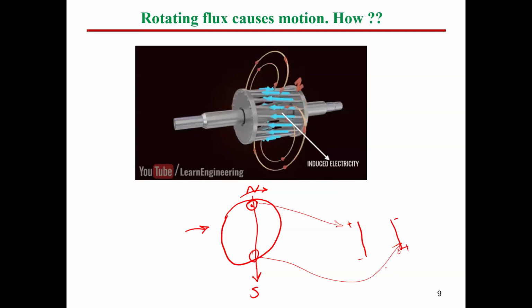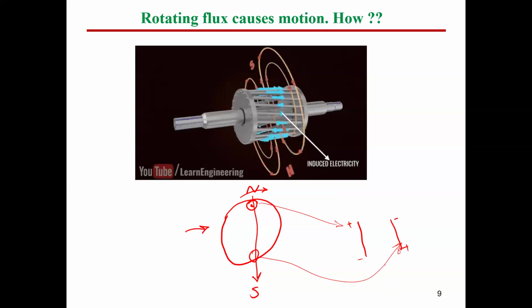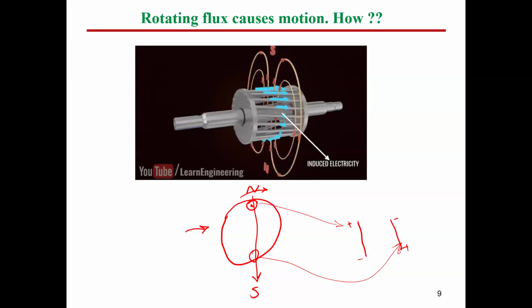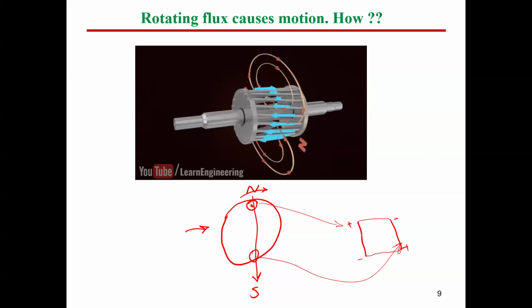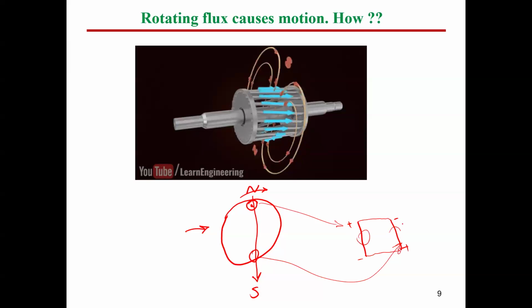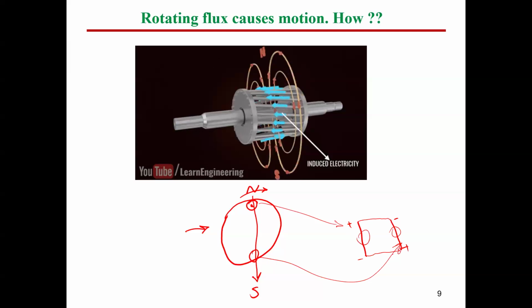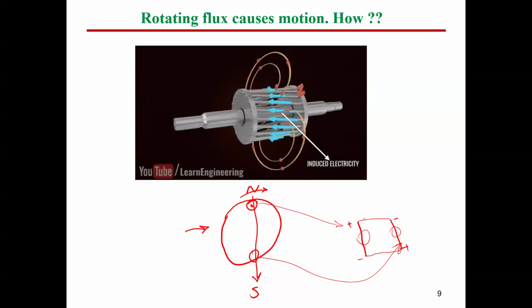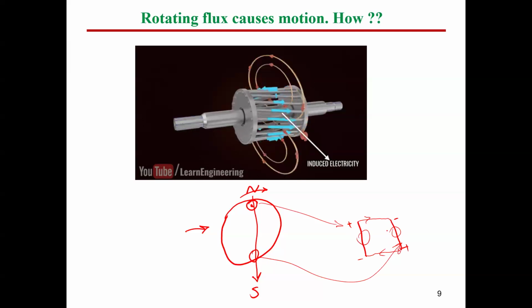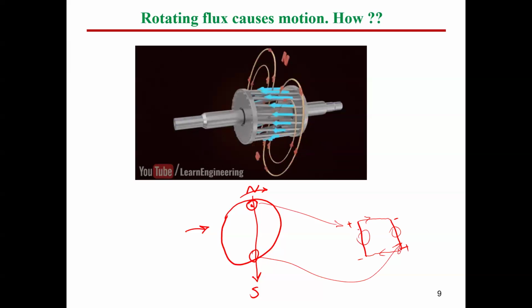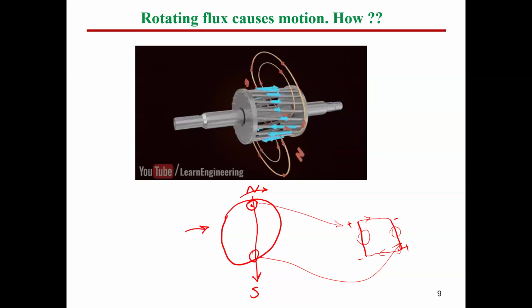So if you have these conductors connected together, this means you have induced voltage, so you have a source here and a source here, and you have a closed loop that will allow the current to flow. So the current will start flowing like that. If the current starts flowing, guys, it will create its own magnetic field around these conductors.